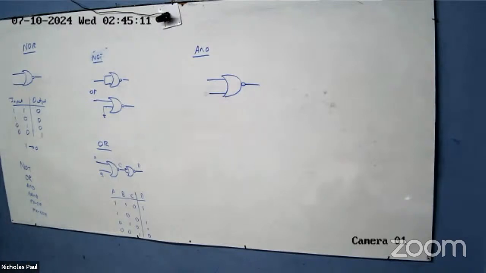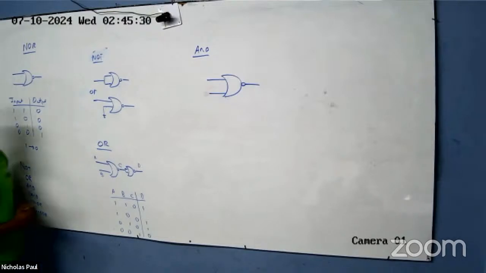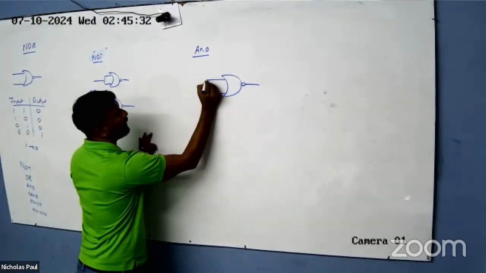Think about it. I want to flip this so it will match up to the AND gate. What is it that turns a 1 into 0 and a 0 into 1? A NOT, right? So all I have to do then is NOT this, NOT this. So connect a NOT to it.